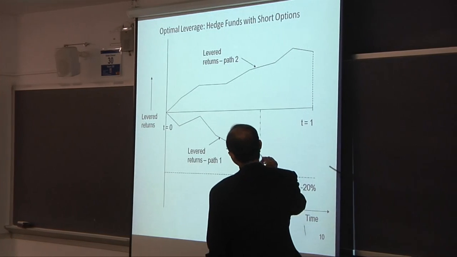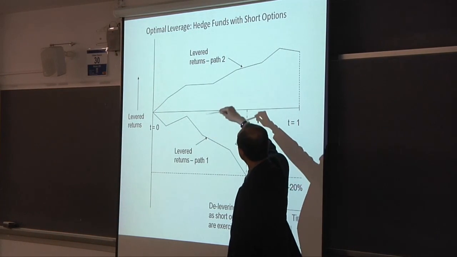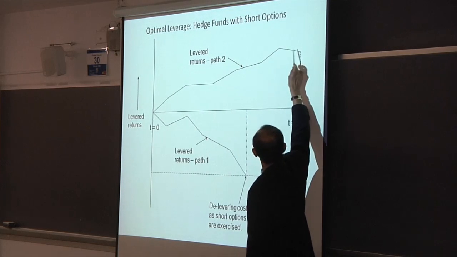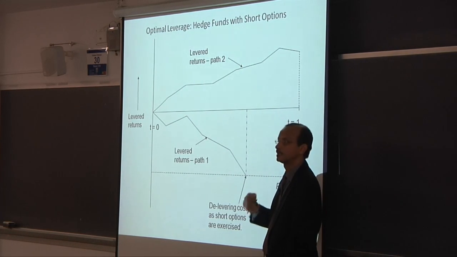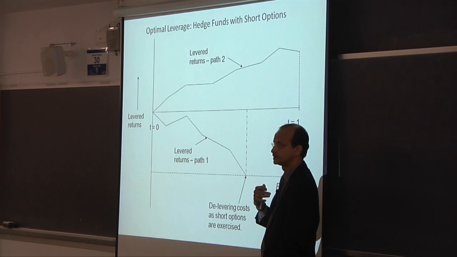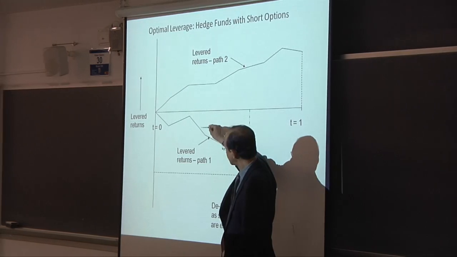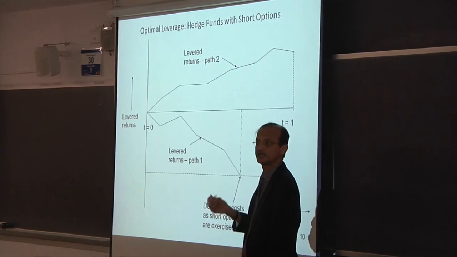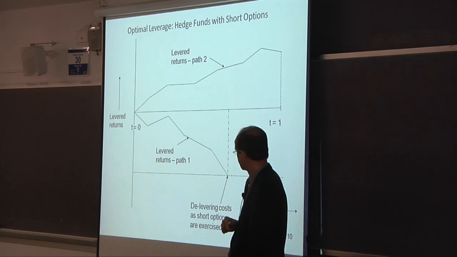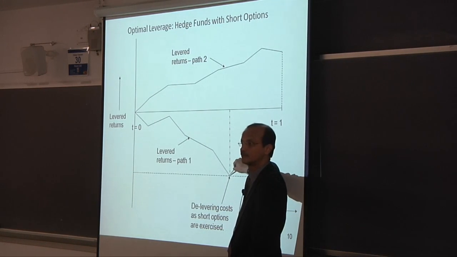And over time, if you take a lot of leverage and you are producing good returns, the returns are going to be magnified, and then at the end of a horizon period, you're going to collect your fees, you're going to keep the upside, right? And so that's fine. On the other hand, with high leverage, if the realization is bad, either because you made poor bets or because there was a credit crisis or something like that, then you're hitting the threshold level of pain.